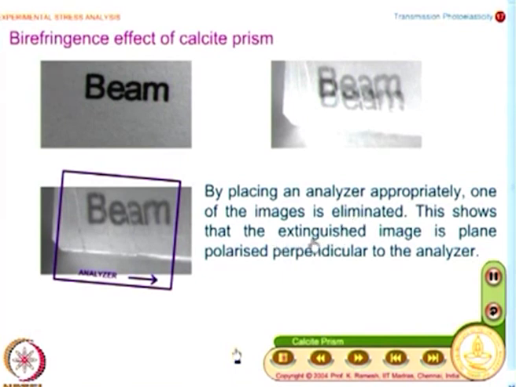This shows that the extinguished image is plane polarized perpendicular to the analyzer. You can interpret it in any way, you can look at this image and then discuss it.